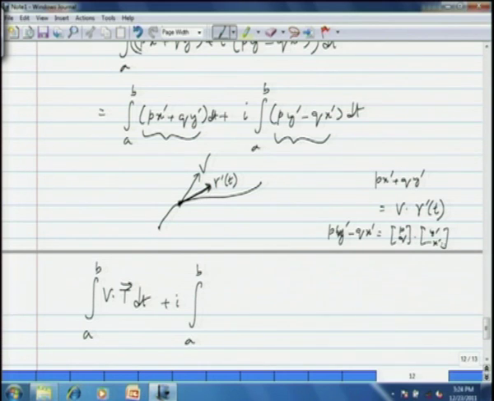Now, y prime minus x prime is a vector which is perpendicular to x prime comma y prime. So, it is a vector perpendicular to the tangent to the curve, which means it is a normal to the curve, and from the direction y prime minus x prime we can make out that it is pointing inwards, whatever inwards means.